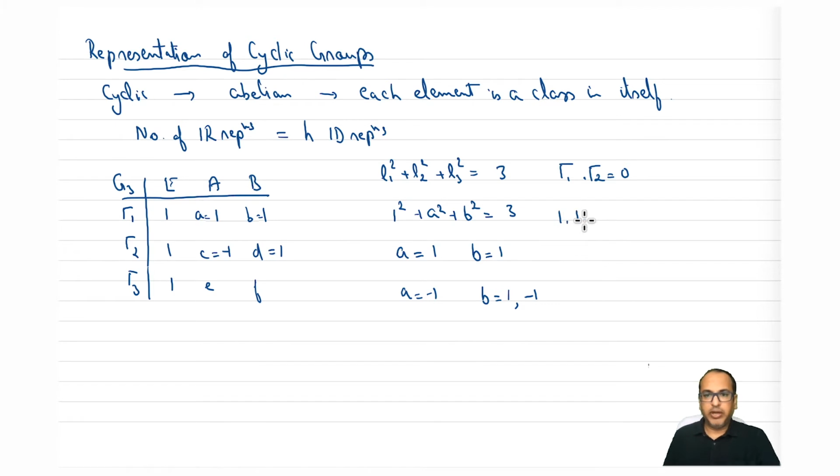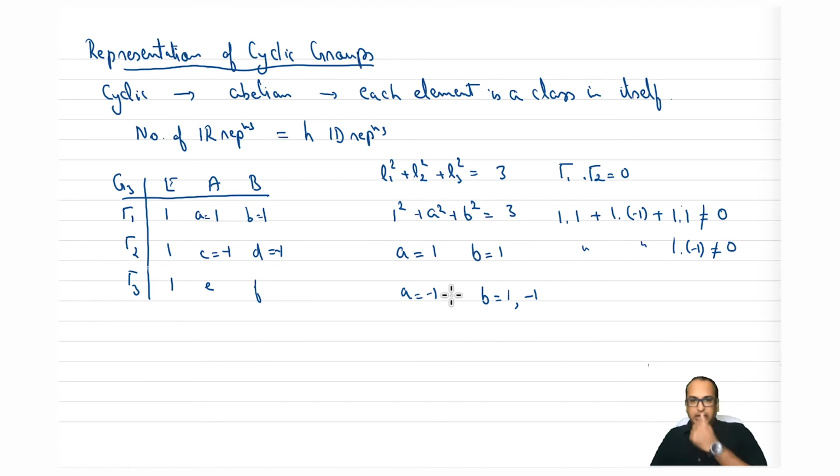So let's see, 1 into 1 plus 1 into minus 1 plus 1 into 1. So this is not equal to 0. If we try to keep D equal to negative 1, we will get a negative here, and that will also not be equal to 0, right? This will be the same. So that means none of these solutions would work for the orthogonality condition.